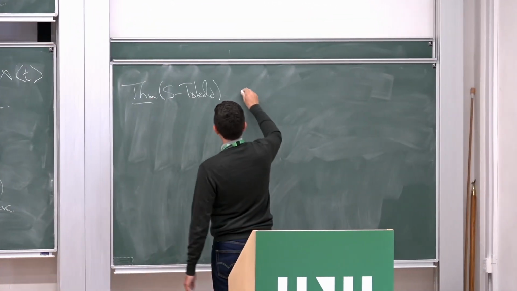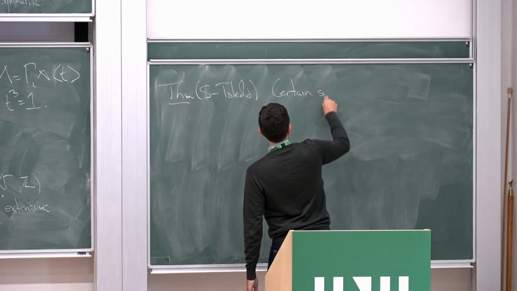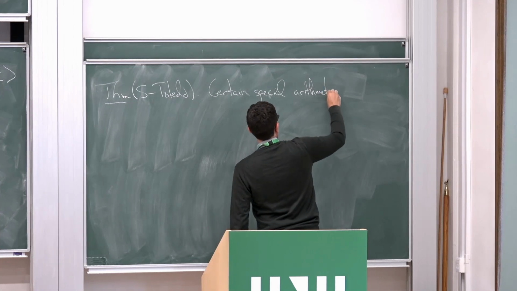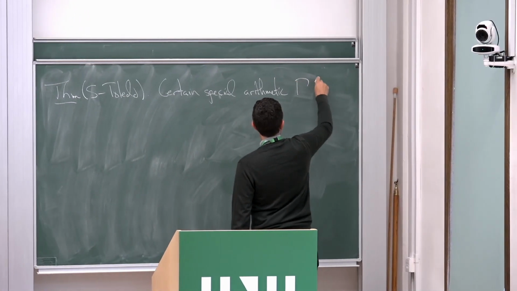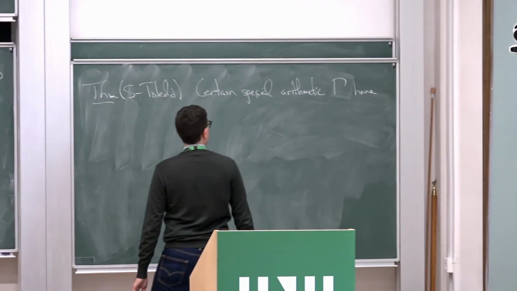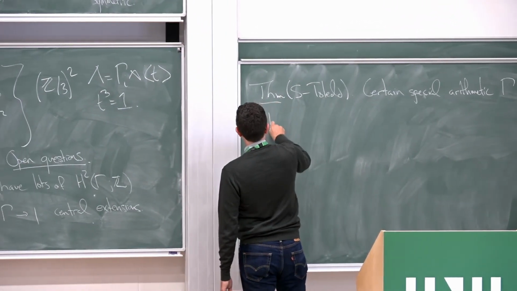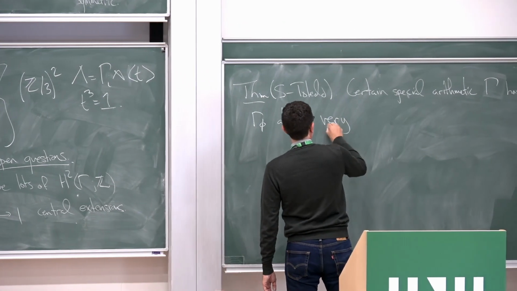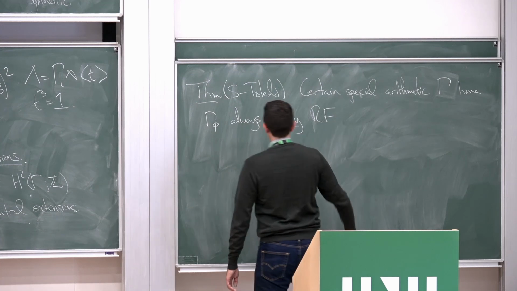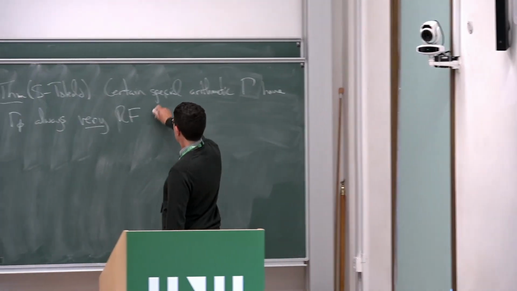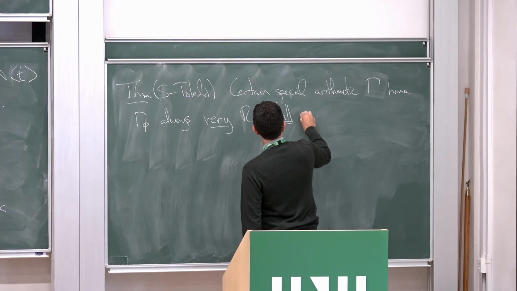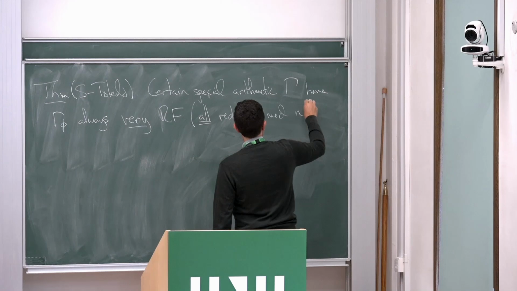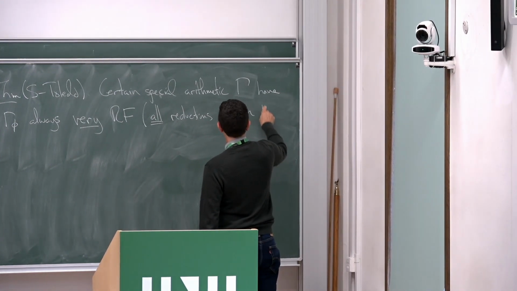that certain of these have these extensions always what I'll call very residually finite. Now, I think very residually finite has been defined in a bunch of papers, but here I mean even all reductions mod n are residually finite.